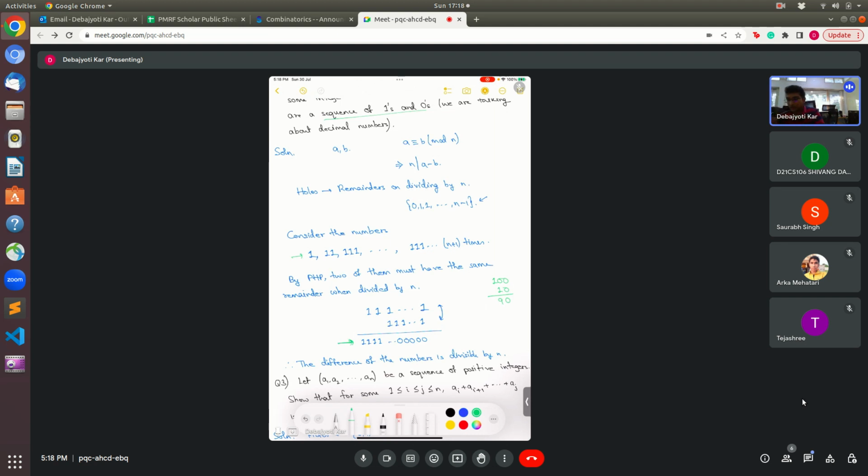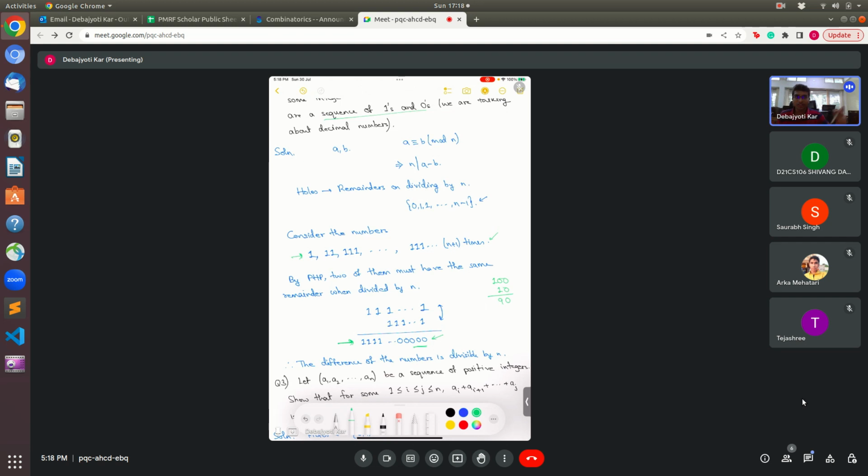It's the difference of some two numbers in the sequence we considered. So our final number has zeros at the end, right? This is the number that we output. This is the multiple of n which consists of ones and zeros, and we got this number by constructing this sequence.